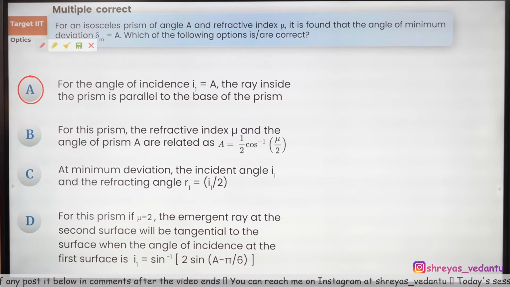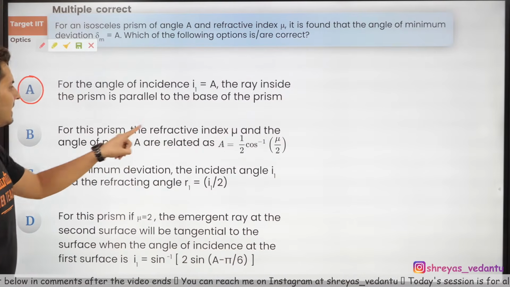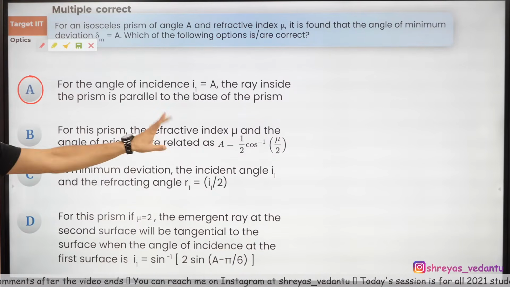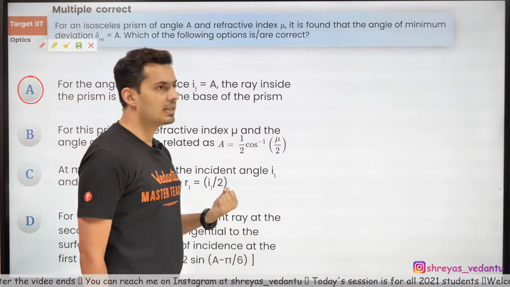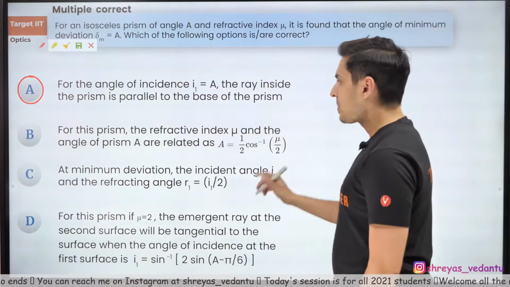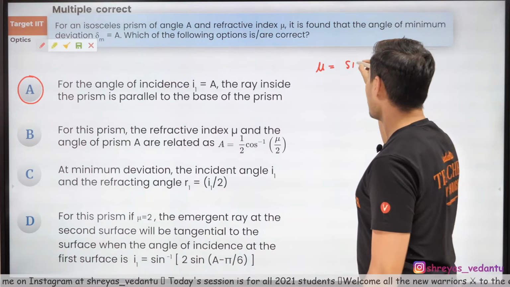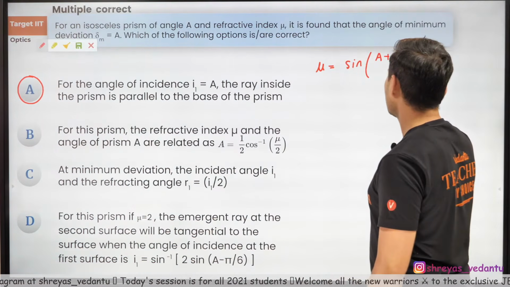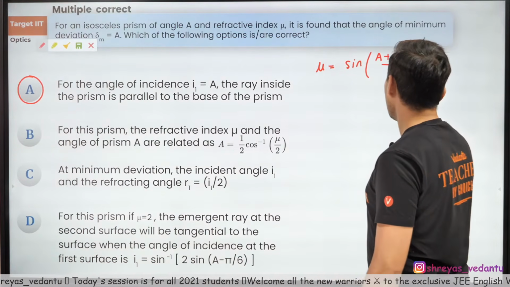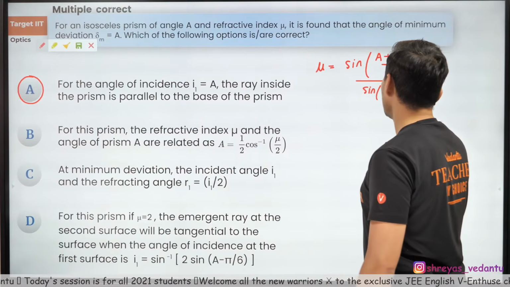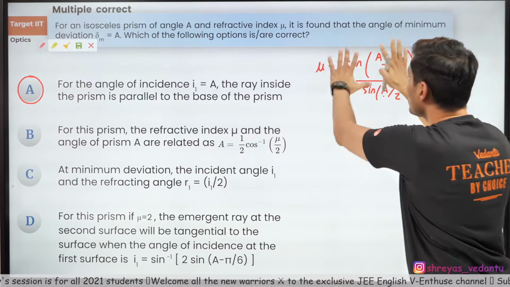Option 2: for this prism, the refractive index and the angle of prism are related by this equation. The moment you see this, it should click that we had one equation which said mu is sine of (A plus delta minimum) by 2 upon sine of A by 2. So use this equation.